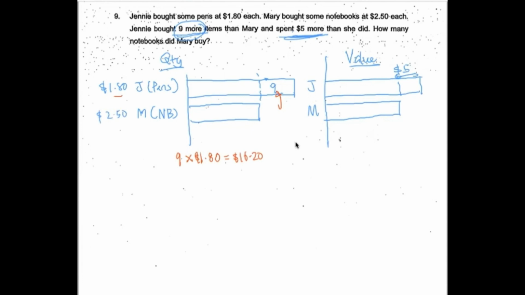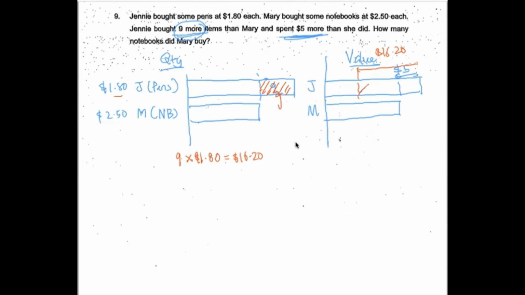So if I were to remove the 9 pens from the quantity so that I have an equal number of pens and notebooks, I must also remove the equivalent value of these 9 pens. And the equivalent value of these 9 pens is $16.20. So I'm going to cut off $16.20 from here, or from here all the way backwards, somewhere here.